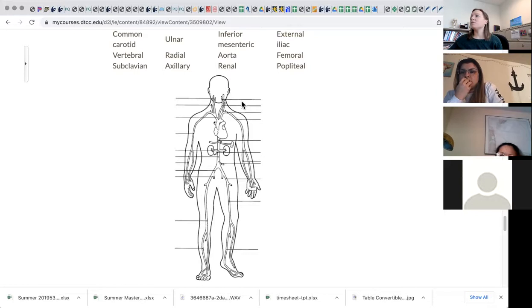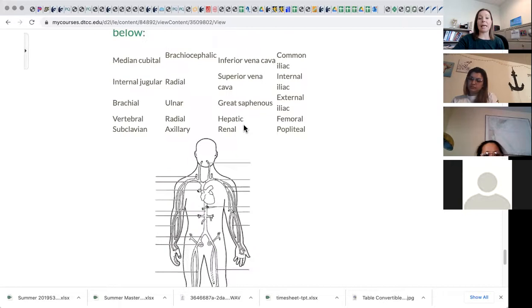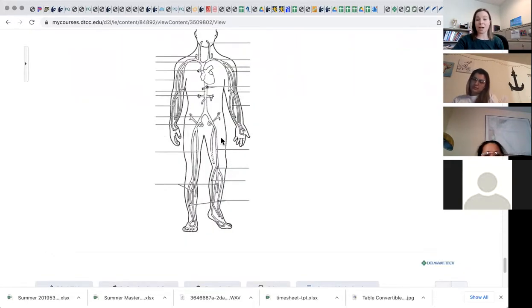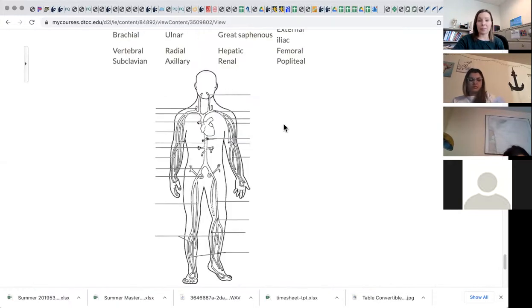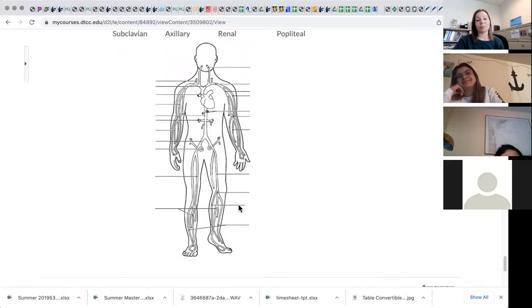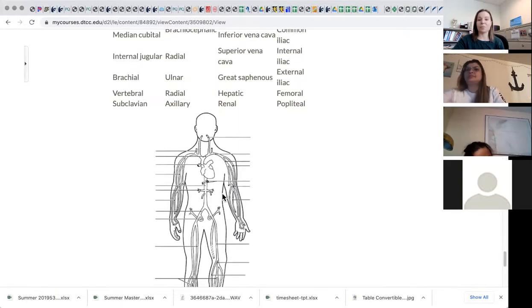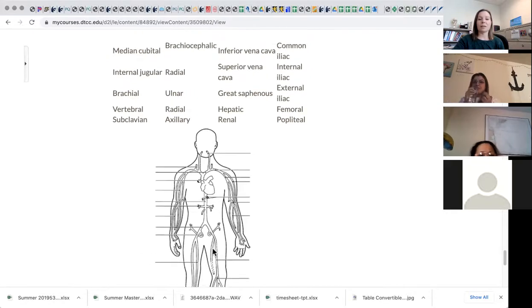And then for the veins, there will also be 8. And again, it is cut off here. So it's going to be the top half of the body. So that eliminates some for you already, and the ones that are on the bottom half, which would be like the femoral, great saphenous, those won't be on there because I have the picture cut off like right here below the torso.